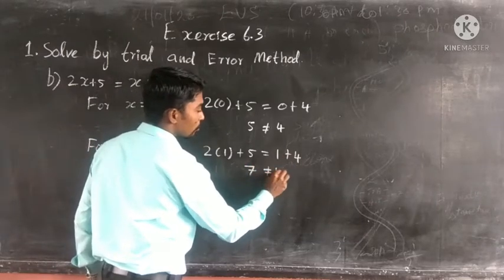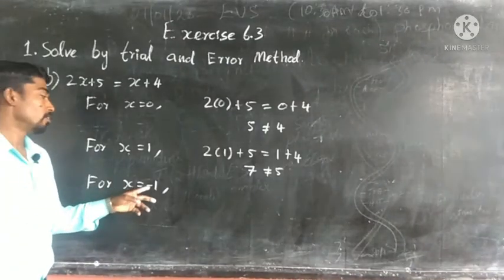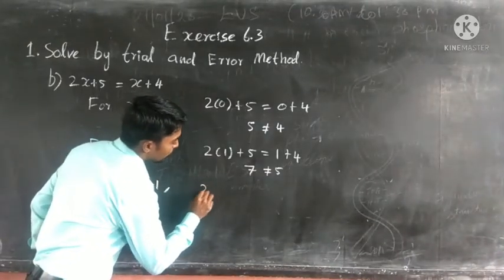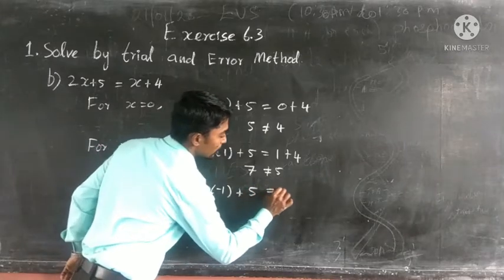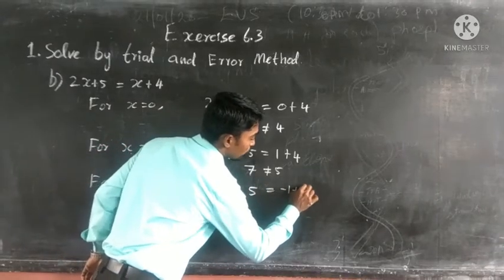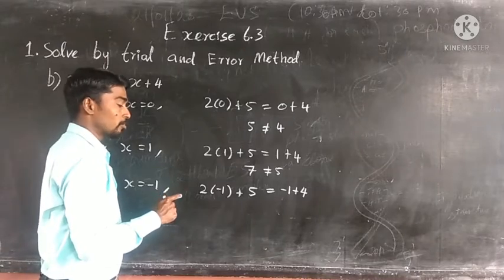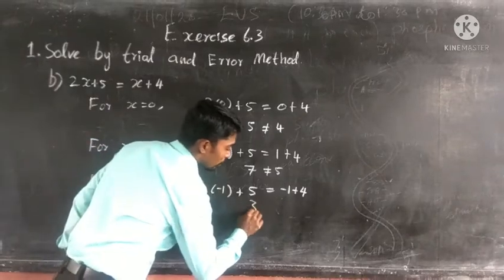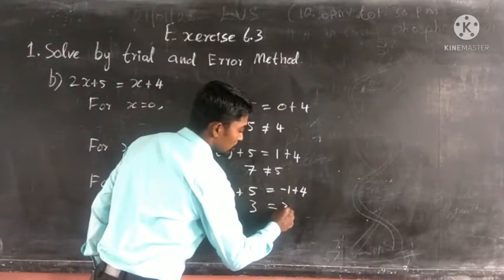So 7 is not equal to 5. Substitute minus 1 in place of x in the given equation. You get 2 of minus 1 plus 5 is equal to minus 1 plus 4. 2 minus 1s are minus 2. Minus 2 plus 5 is 3. Minus 1 plus 4, 3.